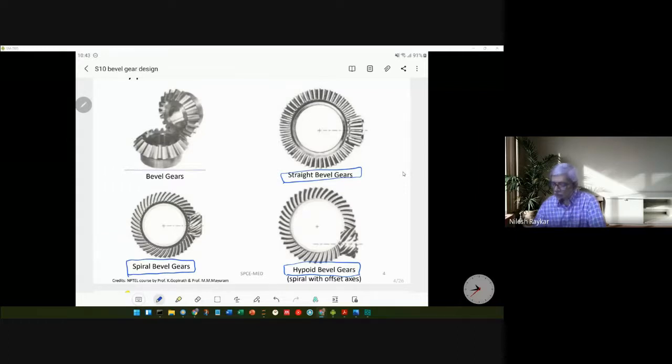The spiral bevel gear as well as the hypoid bevel gear have an advantage similar to that of helical gears, that the engagement happens gradually. As a result, you can use them for higher power transmission with less noise and vibration.